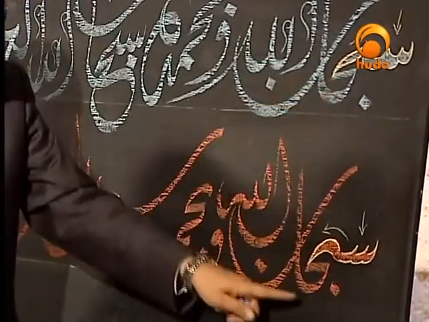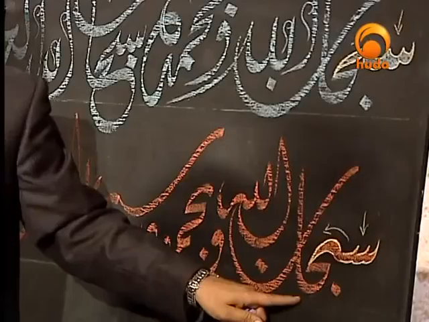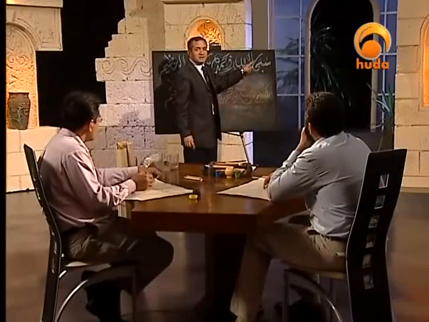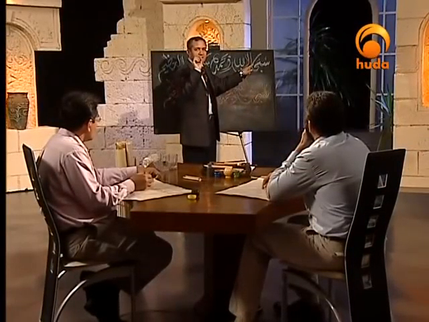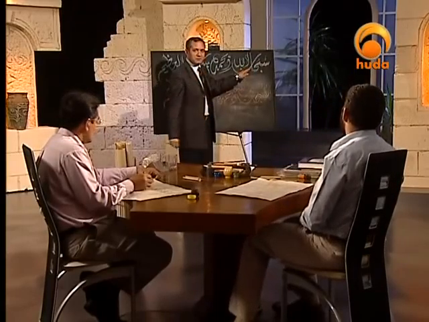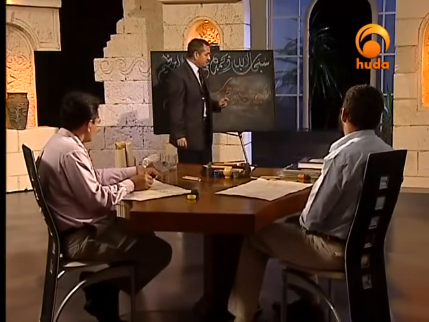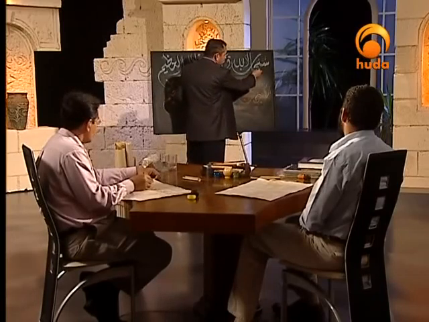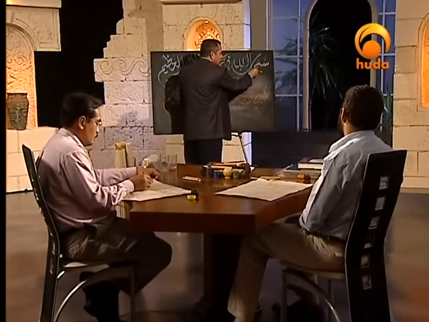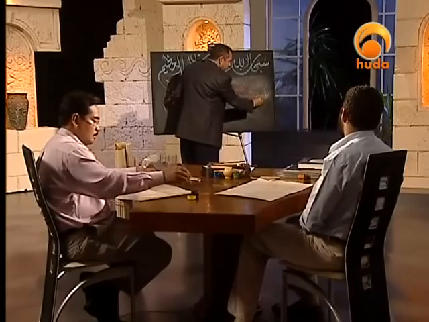Ha here and ha here are almost the same, but in Jali Diwani with a thin pen, not the same thickness as our pen, but almost the same movement going up. The curve is the same.